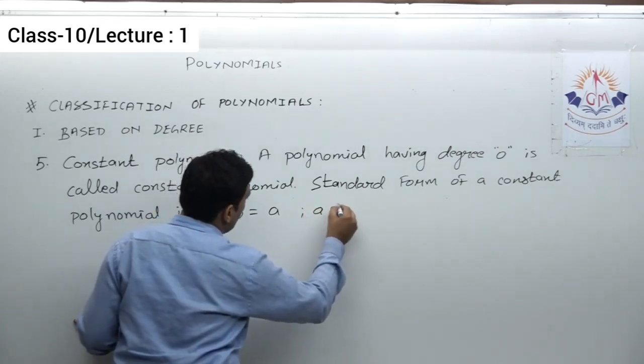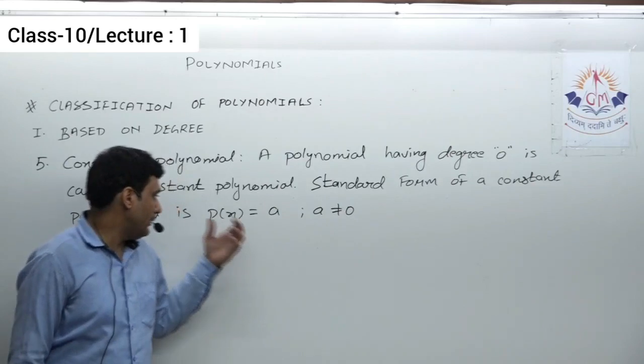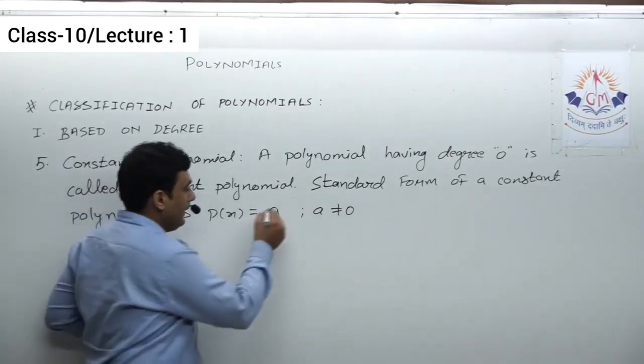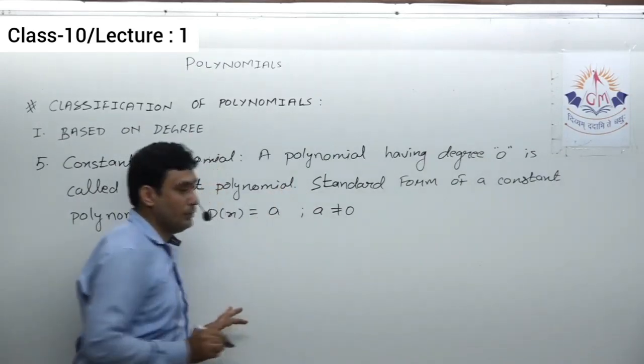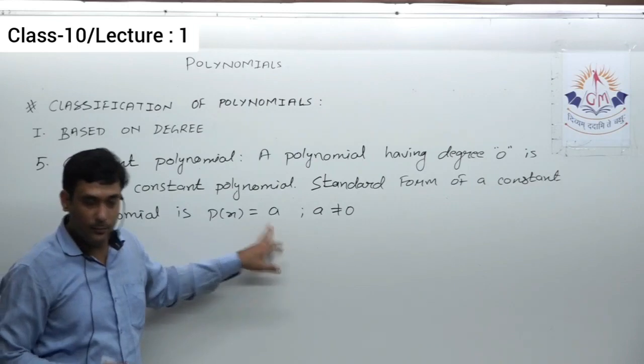Here again a should not be equal to 0. Now you may have a doubt about where the variable is. As I told you earlier, here a means a into x raised to 0. So a constant polynomial a must be a real number.